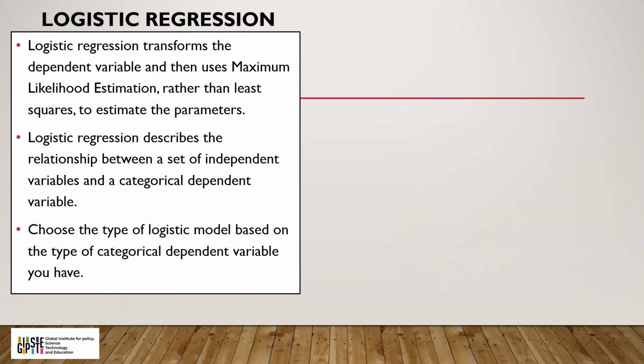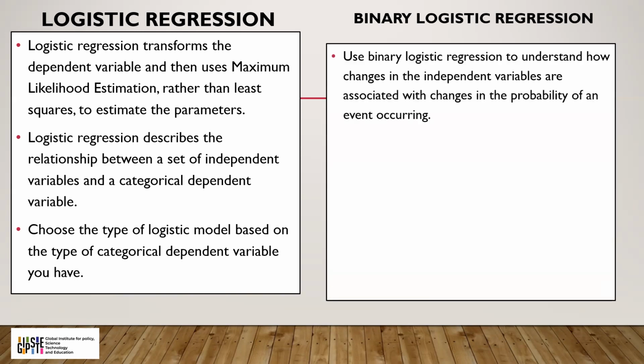And if it has more than 3 or 4 categories, you also need to identify the best logistic regression to use. The first one is binary logistic regression. Use binary logistic regression to understand how changes in the independent variables are associated with changes in the probability of an event occurring.